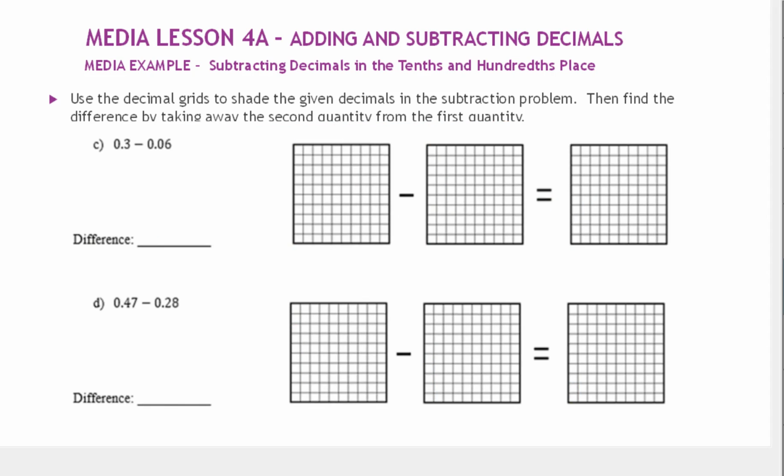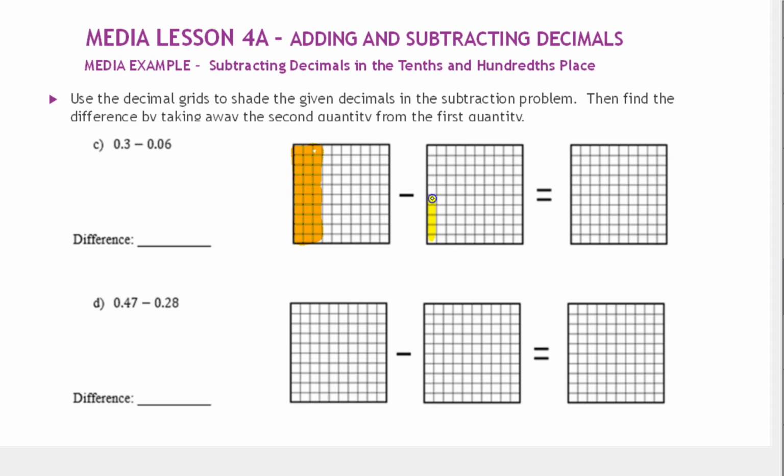Let's look at a few more. Now we have 3 tenths minus 6 hundredths. I'm going to shade in 3 tenths in the first grid, and in the second grid, I'm going to shade in 6 hundredths.